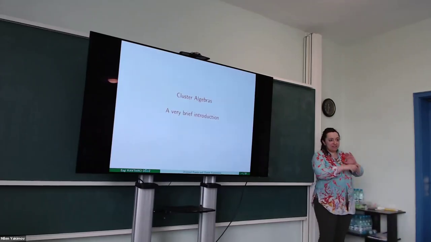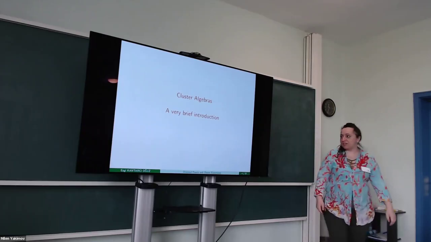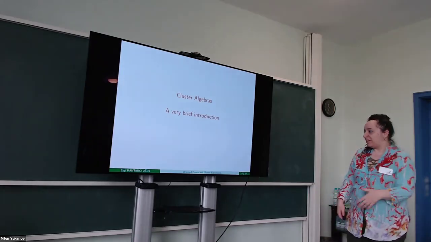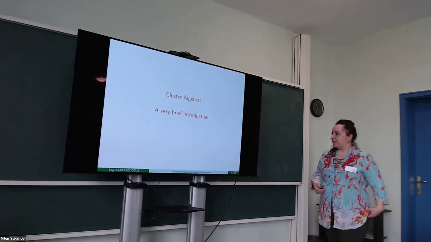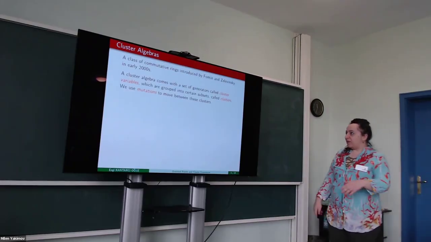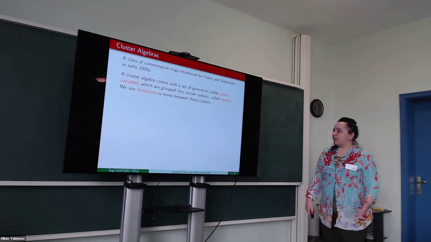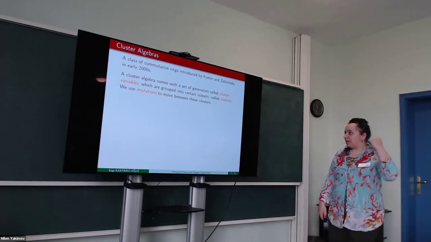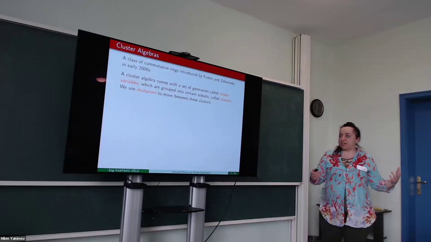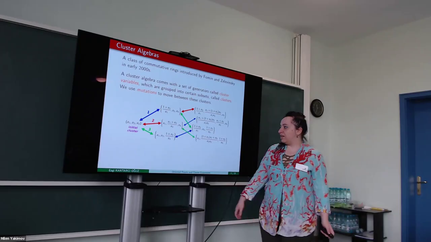So now we have a very, very brief introduction to the cluster algebras, which is going to be going over some of the things that we talked about. In a cluster algebra, we have cluster variables that are a set of generators, and they're grouped in subsets called clusters.